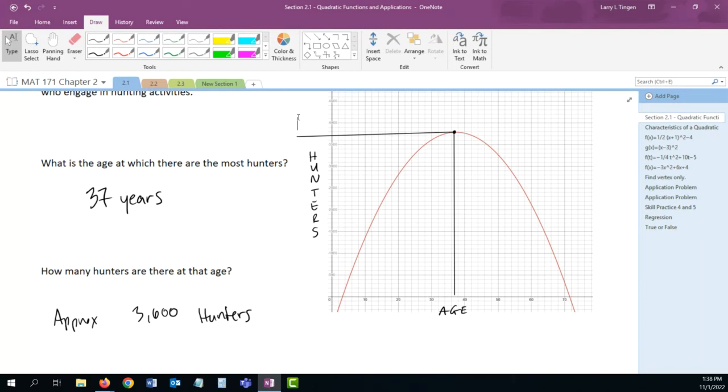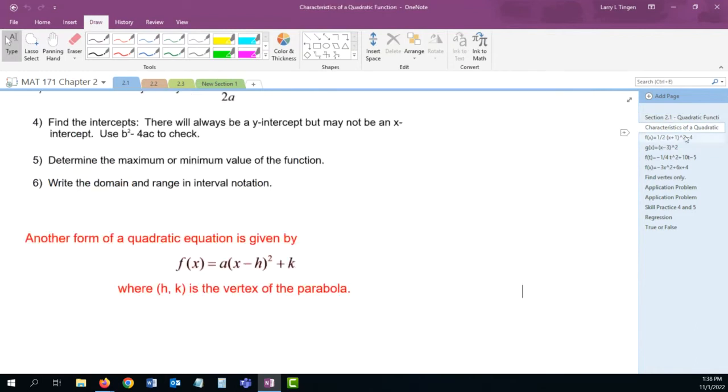That point is highest. That's the highest value that I get out. The maximum is the 3,600, and it happens when x is 37. If you were to say 38 and still give me that 3,600, that would be completely right. But if I ever were to ask this question of you, I would have a graph that was much easier to read.